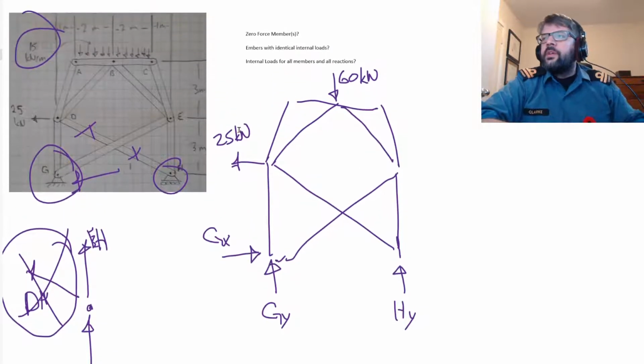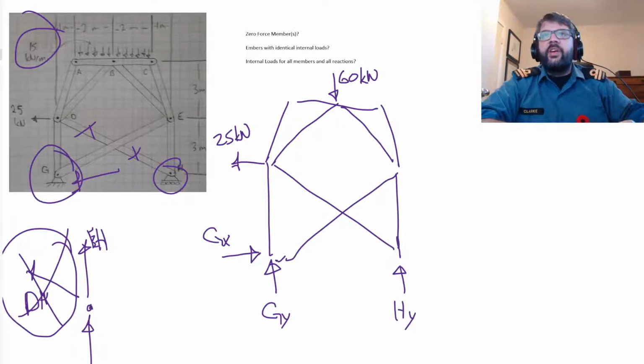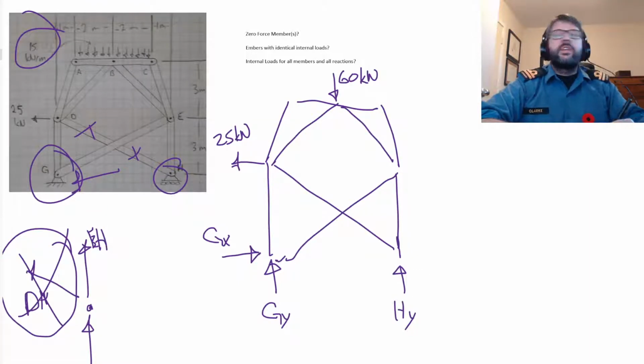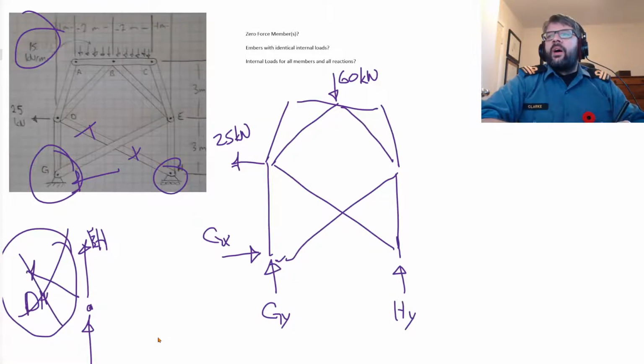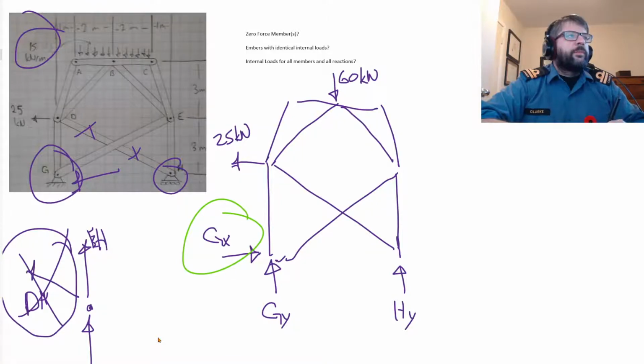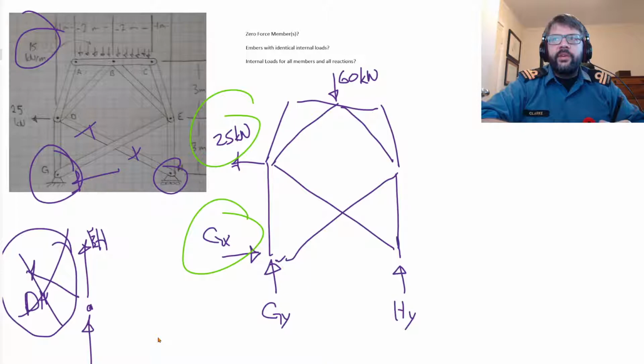So let's solve for our reactions. First off, the easiest one to do: if we do the sum of the forces in the X direction, that'll be GX minus 25 kilonewtons is equal to 0. Therefore, GX is equal to 25 kilonewtons.